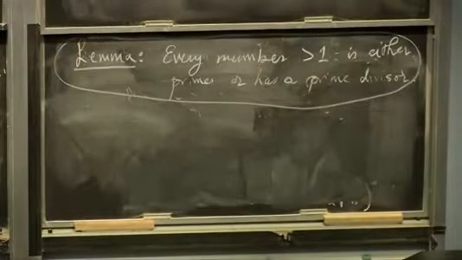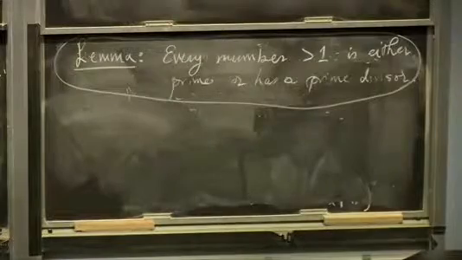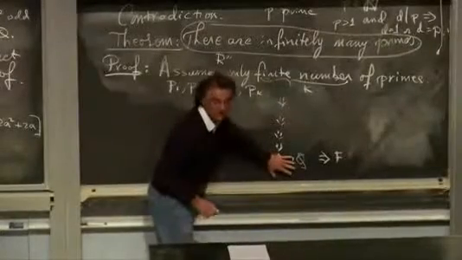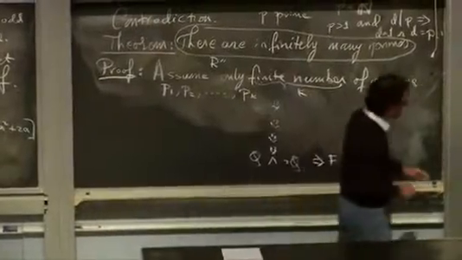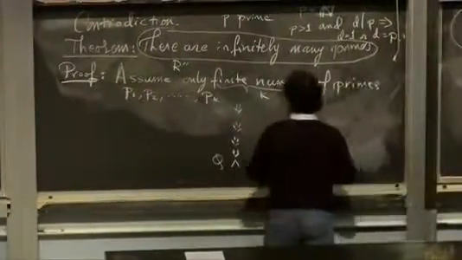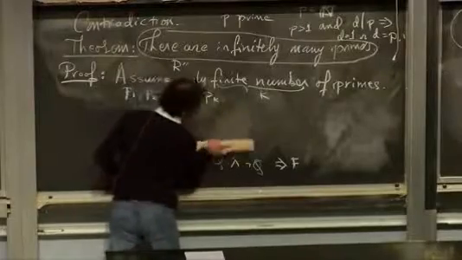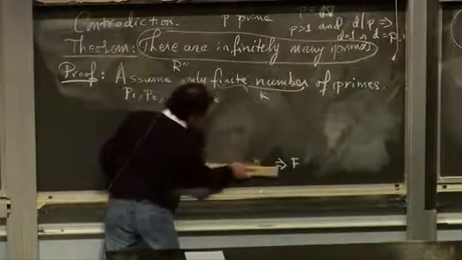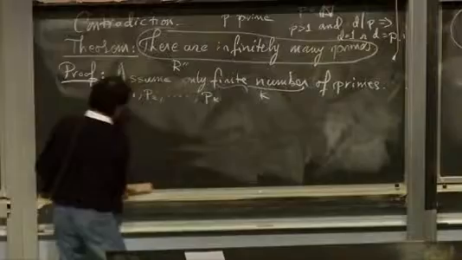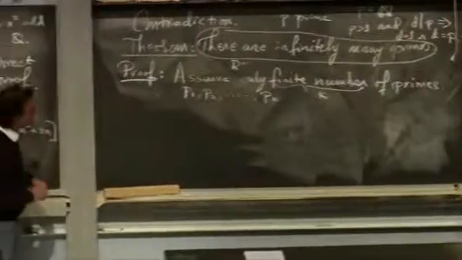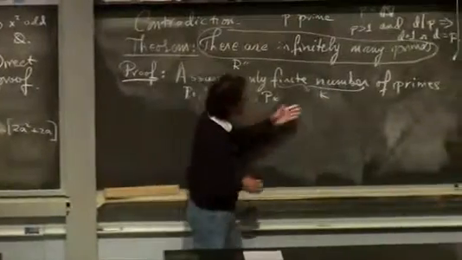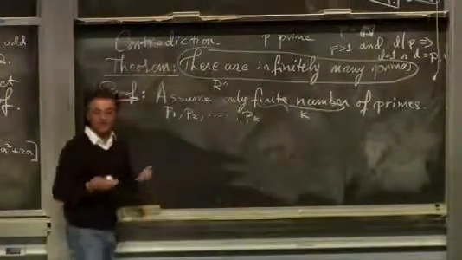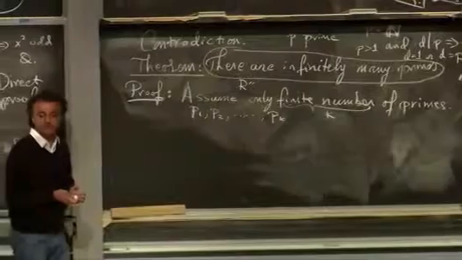Okay? All right, so now what we want to do is fill in these steps to getting the contradiction. Okay, so there are only finitely many primes. So let's try to create another one. Let's see what happens now if we have only these primes.